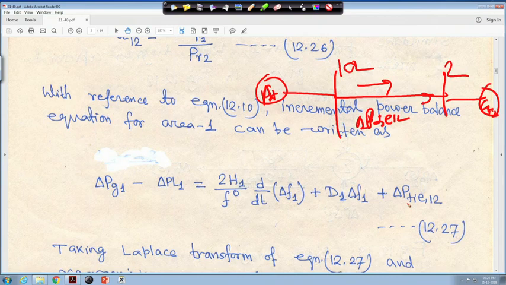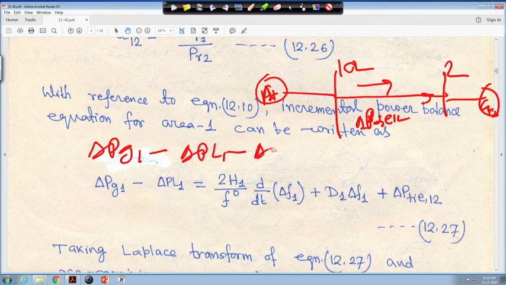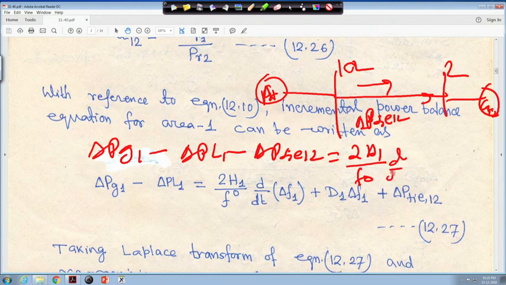So, in general the equation for area 1 should be delta P g 1 minus delta P L 1 minus delta P tie 1 2 is equal to 2 H 1 by F 0 times d by dt of delta F 1 plus D 1 delta F 1.